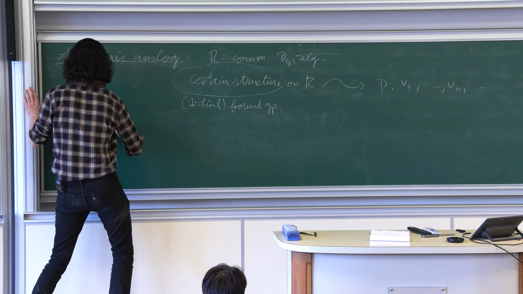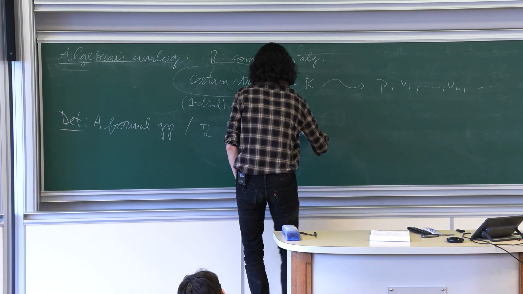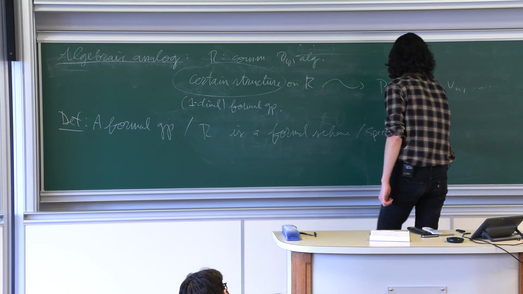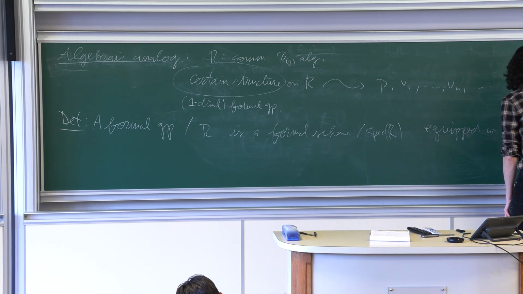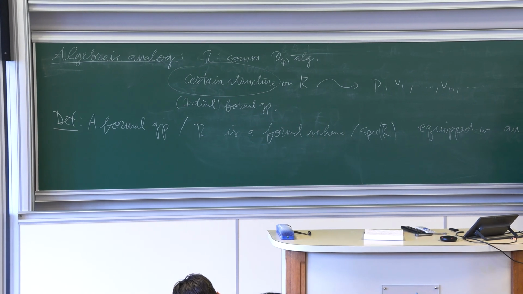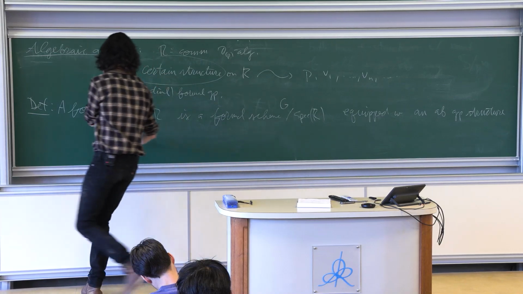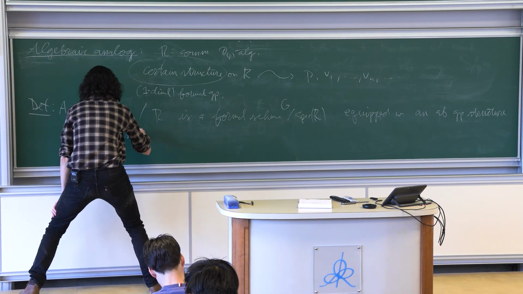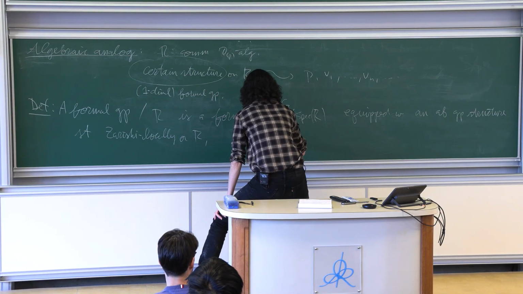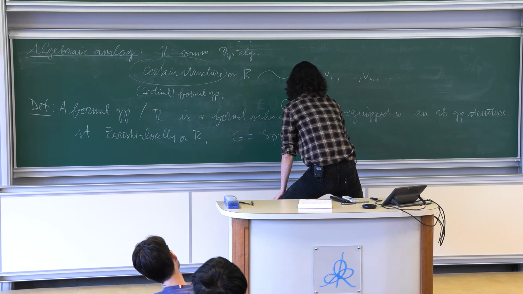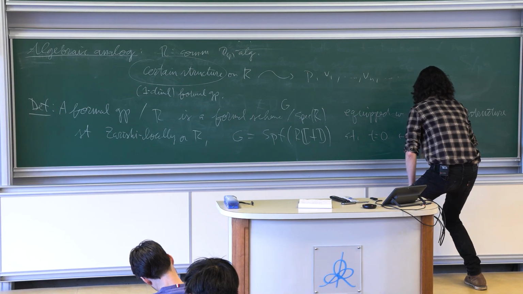A formal group over R is a formal scheme over Spec R, let's call the formal scheme G, equipped with an abelian group structure, such that Zariski locally on R, G identifies, forgetting the group structure, with Spf of a power series ring in one variable over R, such that T equals 0 corresponds to the identity section with respect to the group law.